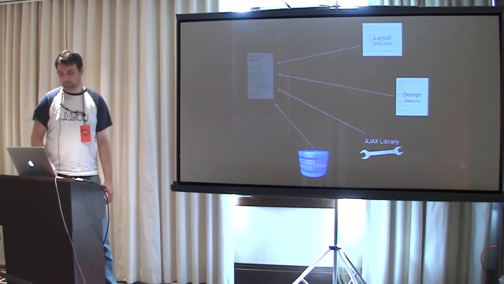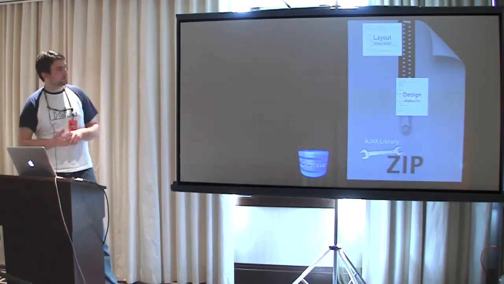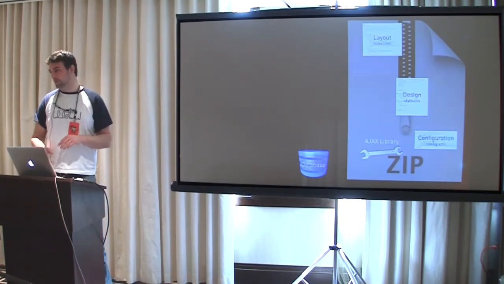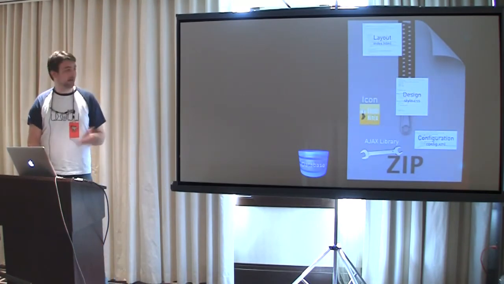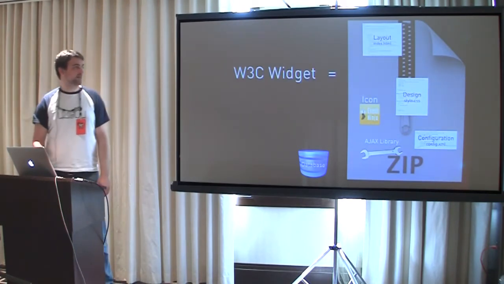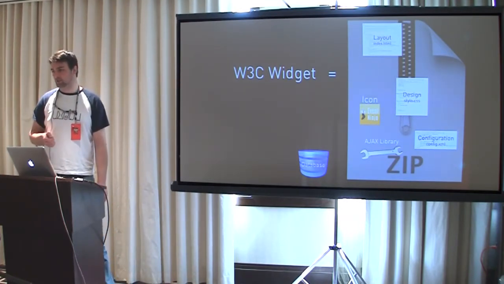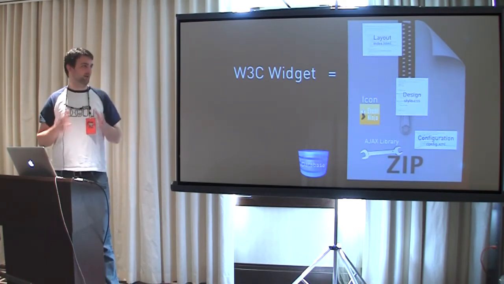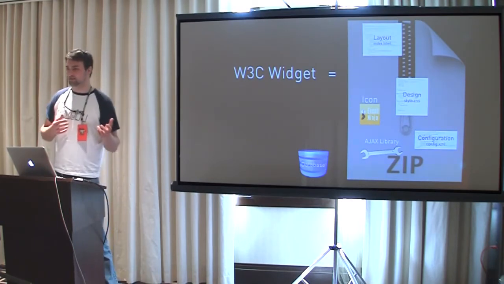And what you then do is you zip all the files up, and you place in a configuration file, a config XML, and you add an icon, and this is what you get out of there. It's a W3C widget. It's standardized how you can pack HTML, CSS, JavaScript together and deploy it on several devices.